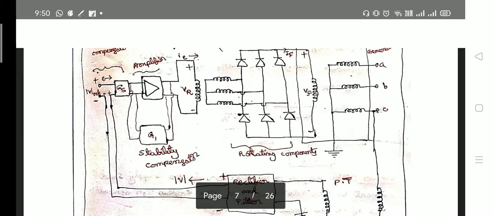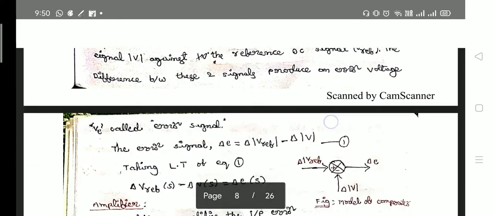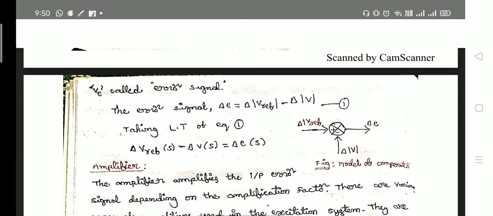First we have the comparator error equation: delta E is equal to delta V reference minus delta V. The error signal is V reference minus V, that is, the change in reference voltage and the change in output voltage.